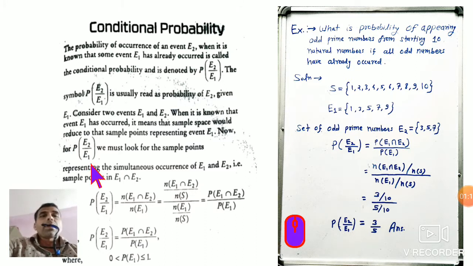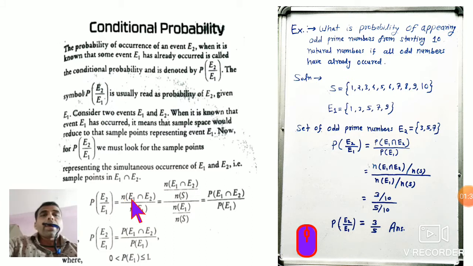Now what is its formula? Representing the simultaneous occurrence of E1 and E2, you first have to find the intersection of E1 and E2. You will understand it from the example on the board, so first understand the formula. How do we find the conditional probability of E2 upon E1?